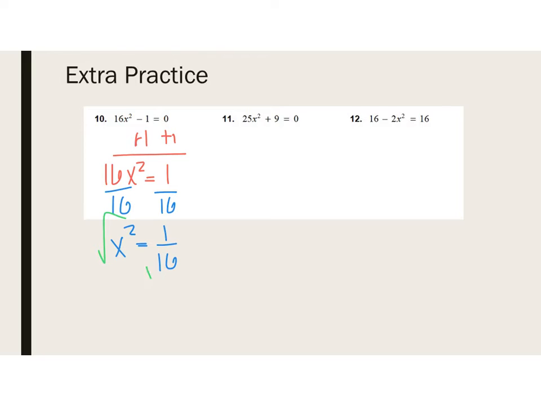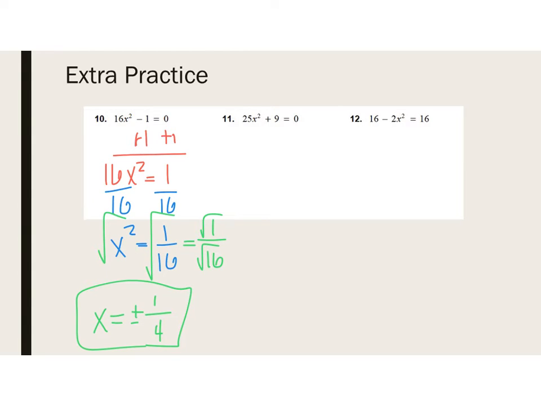Then I'm going to square root both sides. Okay, so x equals, when you're square rooting a positive, you're going to put a plus or minus. And then this is why we went through all of those radical properties, is because this is the square root of 1 over the square root of 16. The square root of 1 is 1. The square root of 16 is 4. So the square root of 1/16 is 1/4.